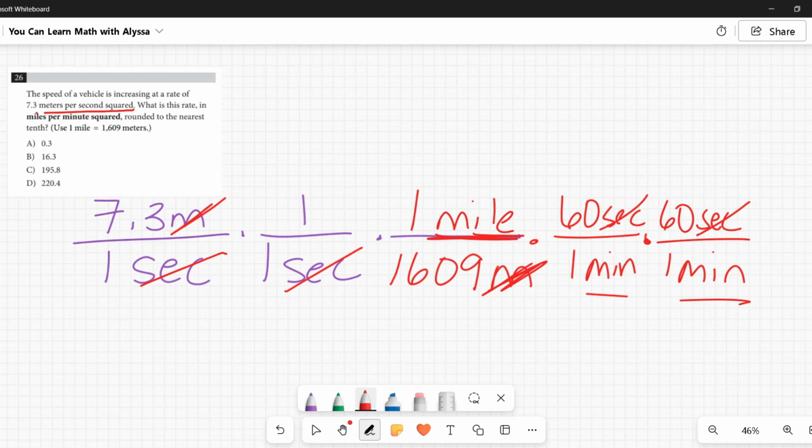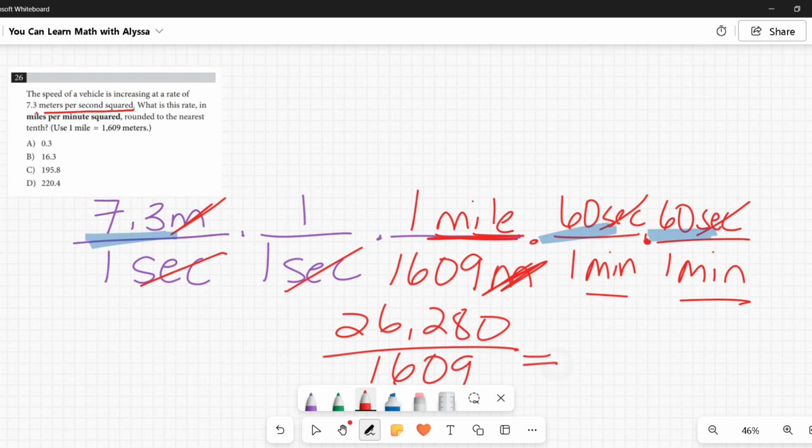So if I multiply this, I've got 7.3 times 1 times 1 times 60 on top, and that gets me 26,280, and then on the bottom, 1 times 1 times 1,609 times 1 times 1. I divide by 1,609, and I'm going to get 16.3, and then it keeps going, but they don't want any more than the first tenth digit, so it's just 16.3, which is B.